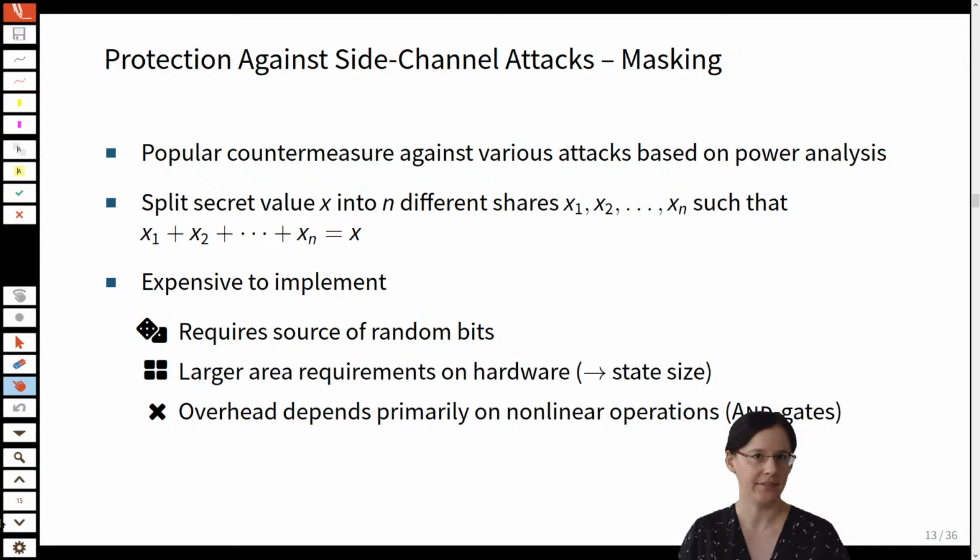To hide this, one strategy is masking. The idea of masking is that you take each bit, each variable that you have inside the cipher, and split it into several shares, such that each of the individual shares looks random, but the sum of all shares is the correct value. And since the individual bits look random, their power consumption will no longer leak any information.